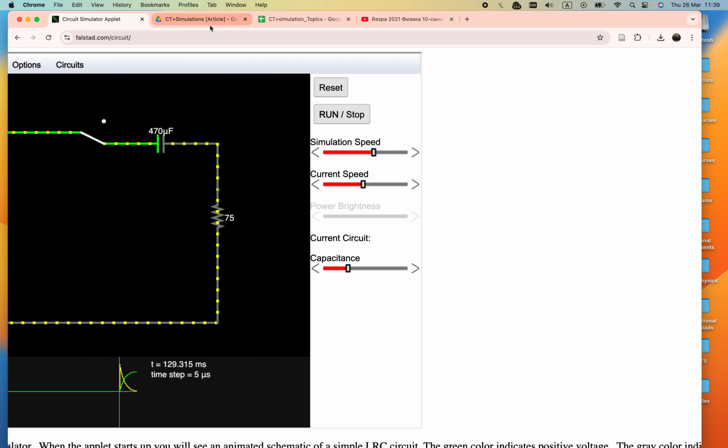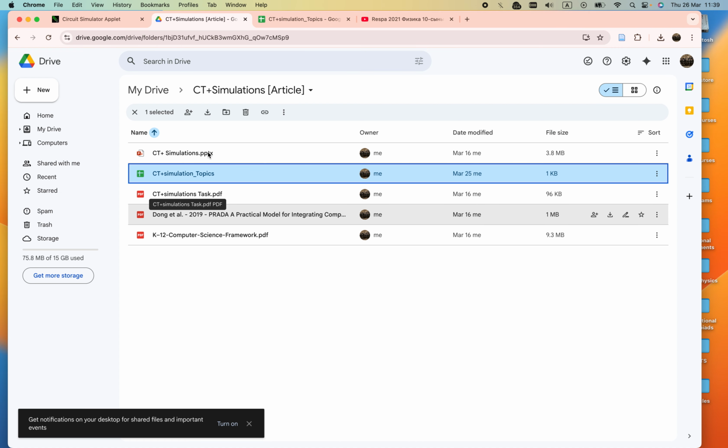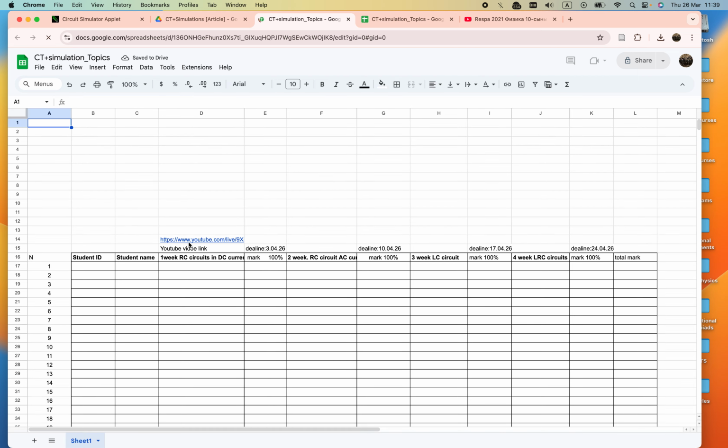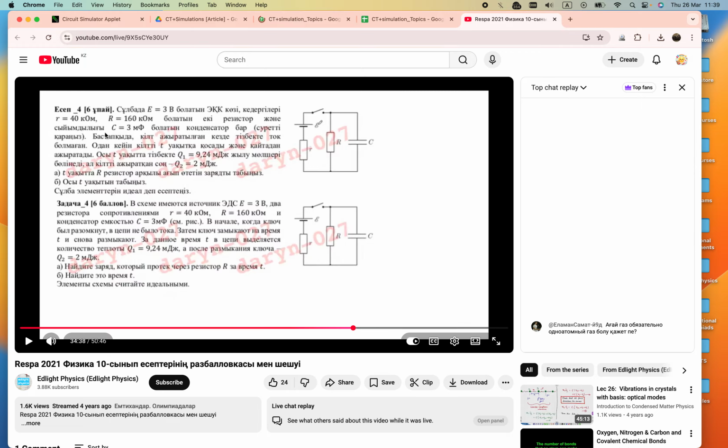So here I uploaded all of the information. This one is the article, these are the topics which you have to solve. So the first problem, you have to solve this problem. I have taken this iPad problem with the solution, but your work is to explain it with this model, okay, as the first week's task for you.